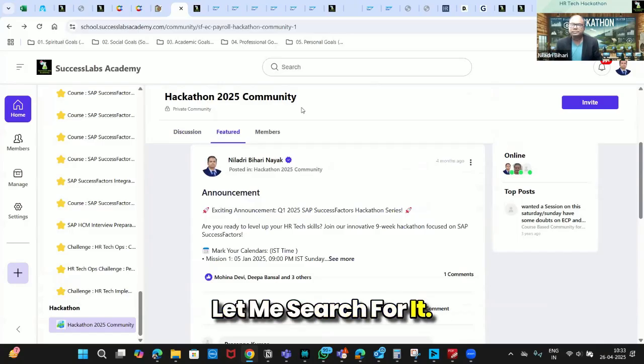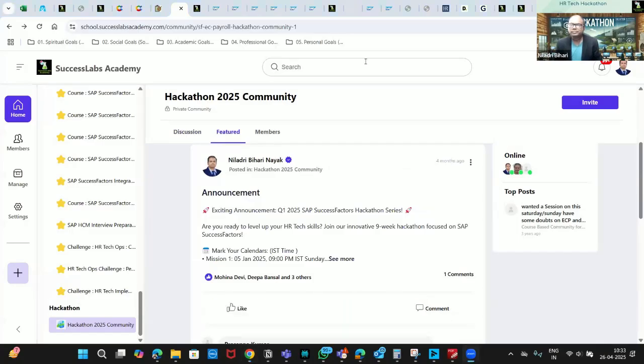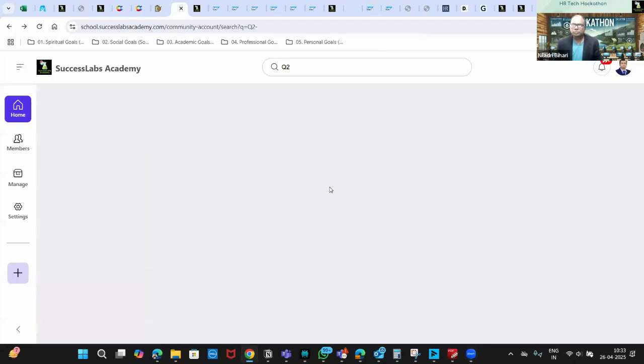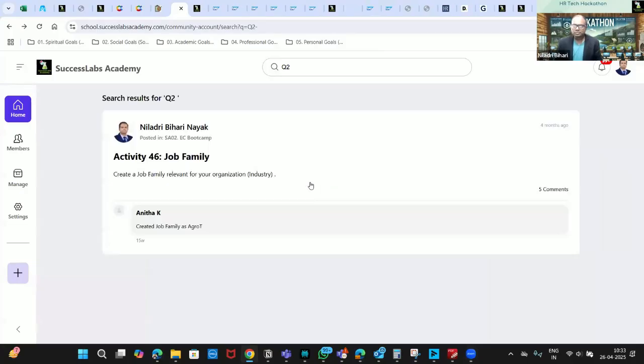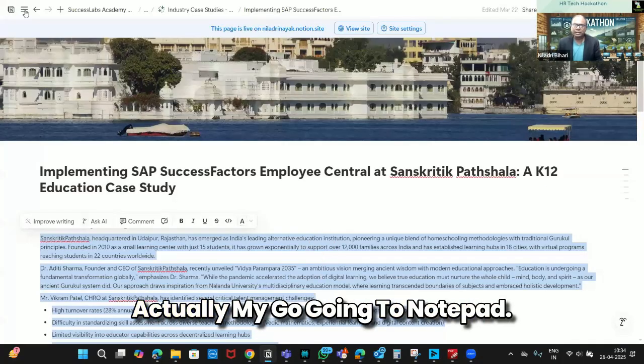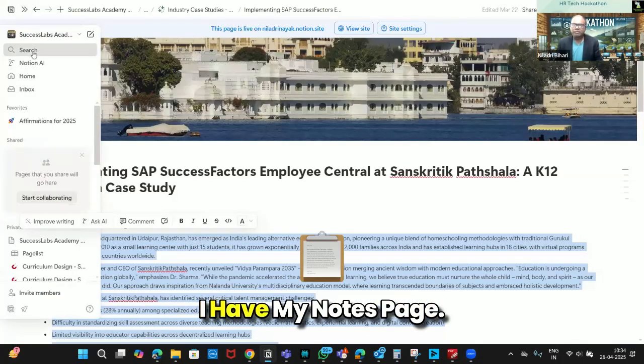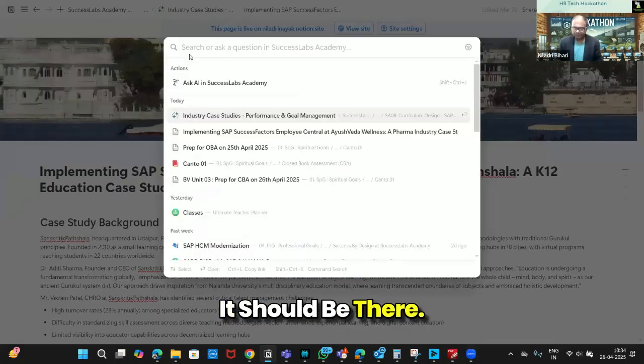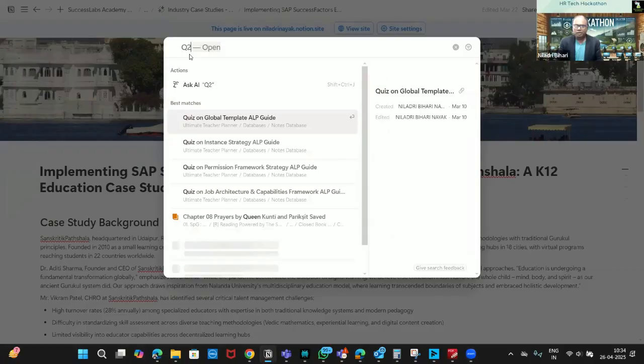Let me search for it. I have published it somewhere. Let me search for it here. Actually, going to Notepad, I have my Notion page. It should be there. Okay, Q2 hackathon.